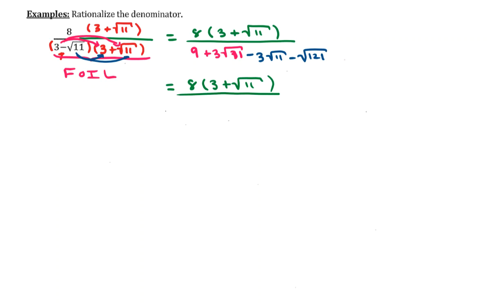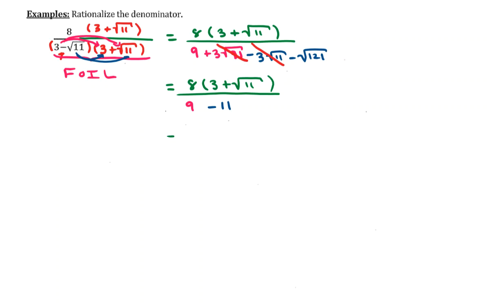And in our denominator, we'll keep the 9, but you probably notice that we have some terms that cancel out, namely 3 radical 11 and negative 3 radical 11. And also, we have a perfect square inside the last square root. The square root of 121 is 11. So in the denominator, all those radicals vanish, and we're left with having to do 9 minus 11.